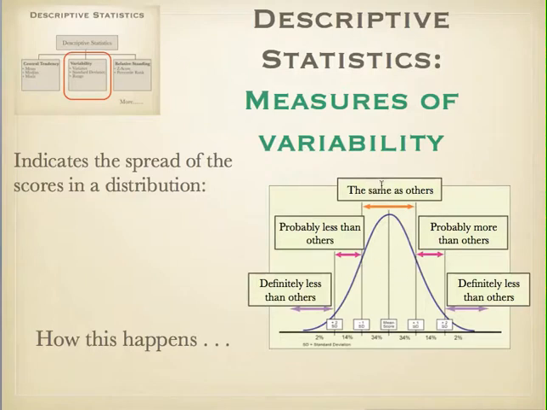We say that they are the same as others. The further away you get from the mean, the less like each other they are, but they are more like others than not. And way out here, the individuals who are at the extreme of one end of the bell curve or the other are less like others.